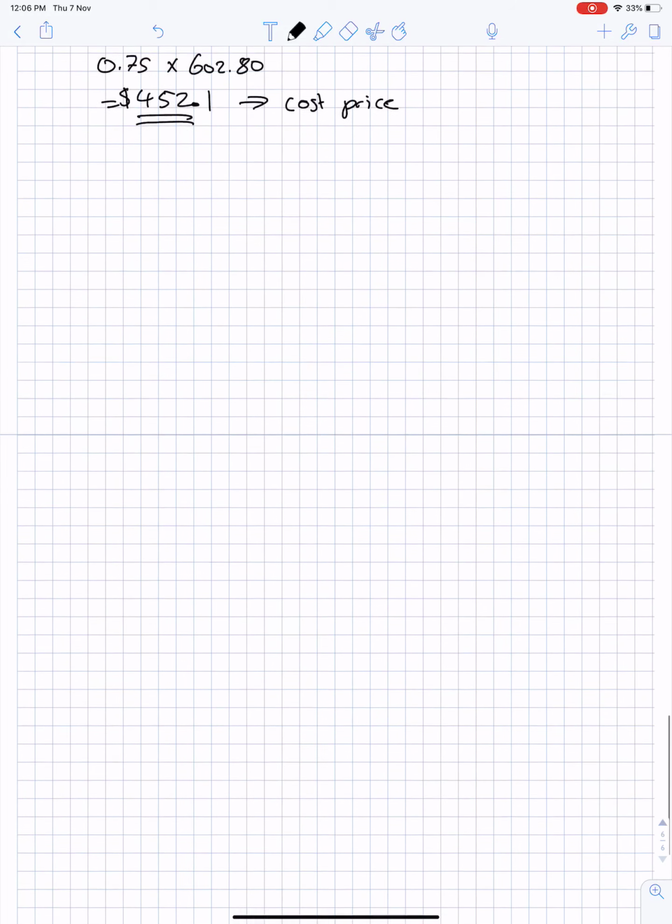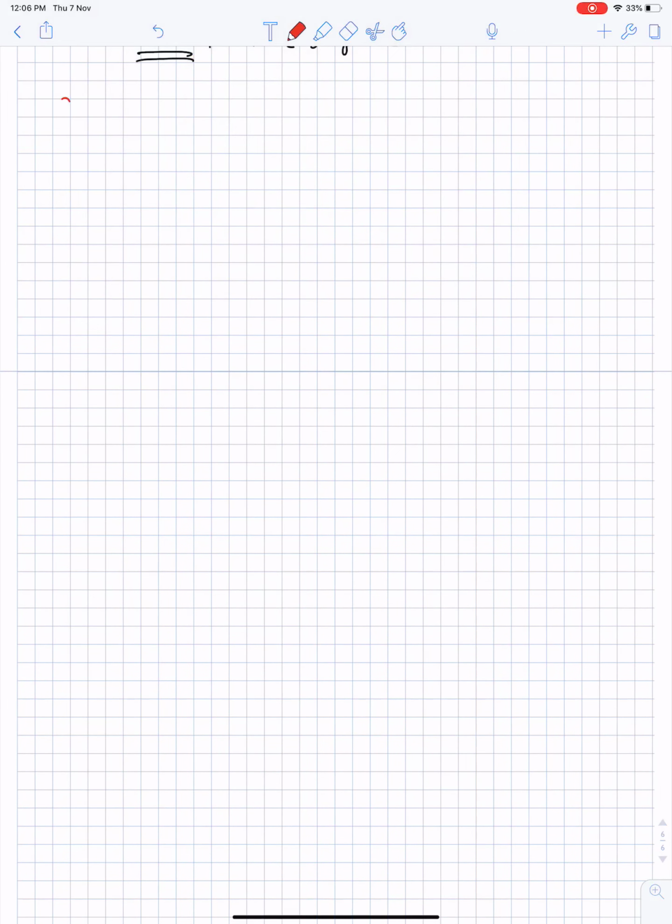Okay, next one, question 9. Okay, so this square, which is drawn like this, A, B, C, D is split up into 4 triangles by 2 lines drawn from one corner to the midpoint of 2 of the opposite sides.